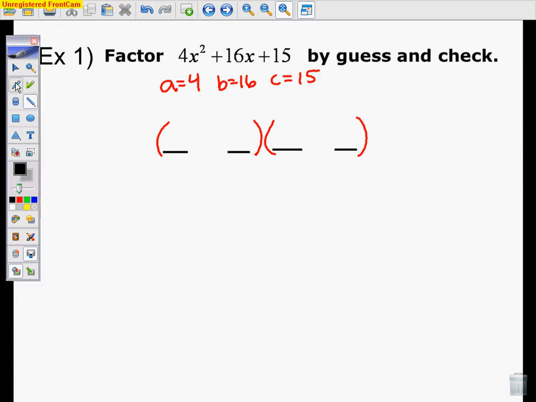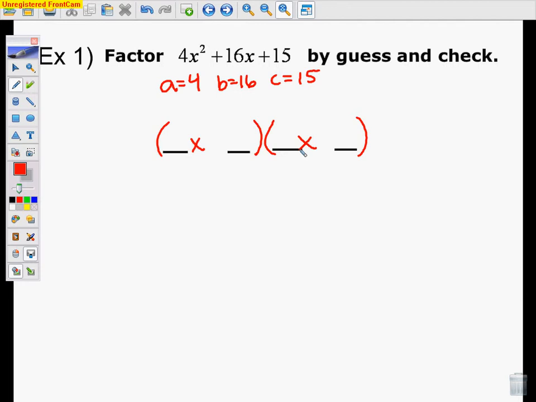A couple things you should be aware of. Number one, when you multiply the first terms together, you should get 4x squared, right? So that means there should be x's attached to the first term.